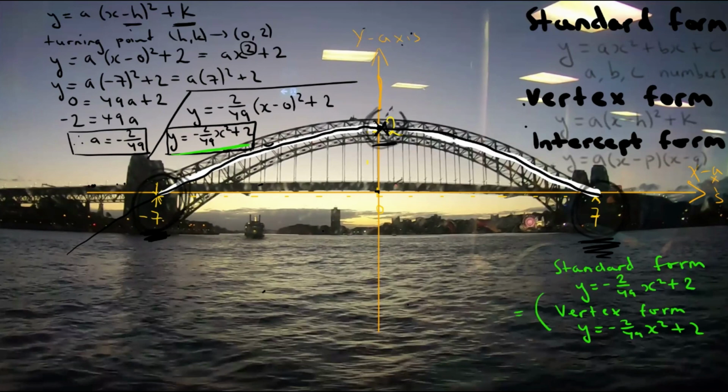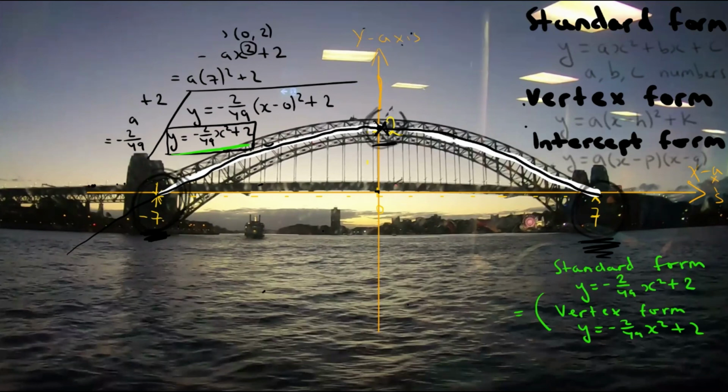Either the standard form or the vertex form gives the exact same equation, as it should, otherwise we would perhaps have a different type of graph. Okay, so that is that for the second form. Now moving on to the third form.